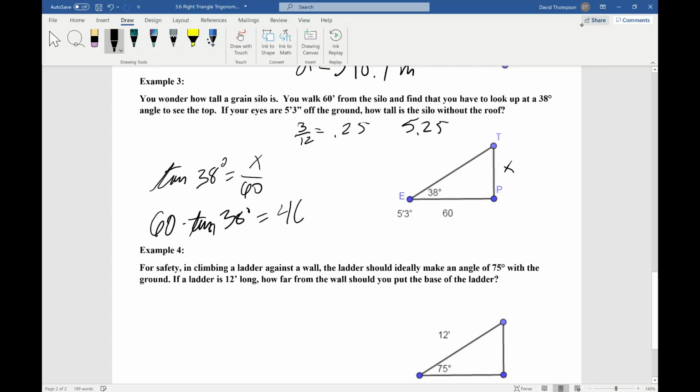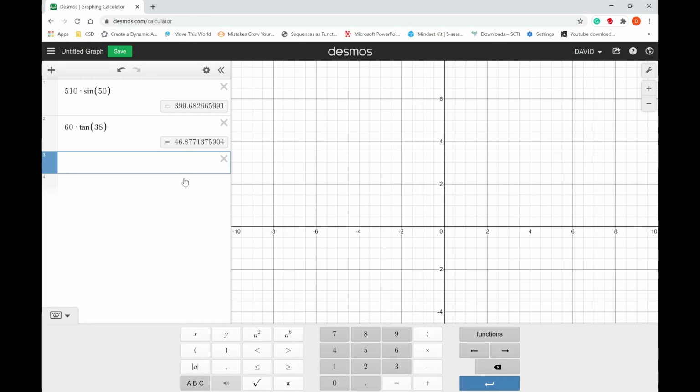So 46.9 feet. We'll add 5.25. So 46.9 plus 5.25, we get 52.15.